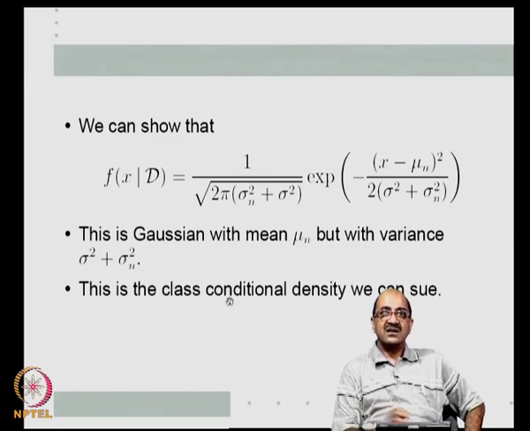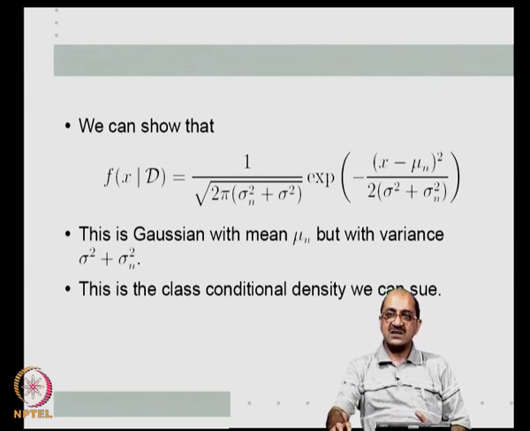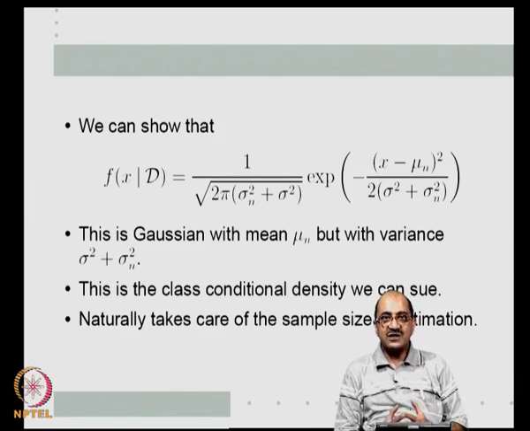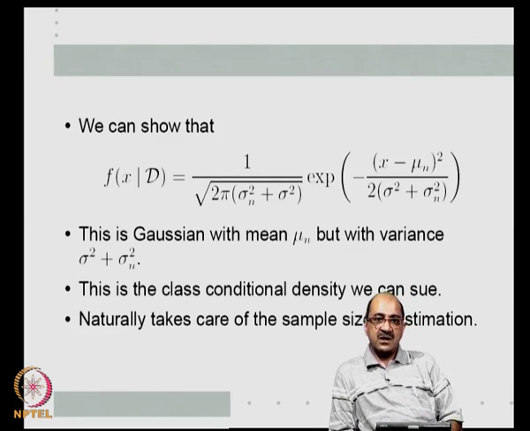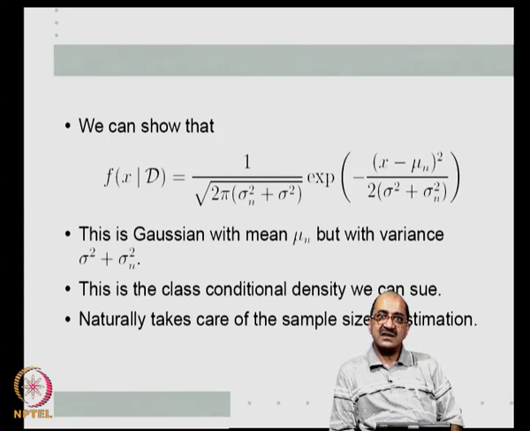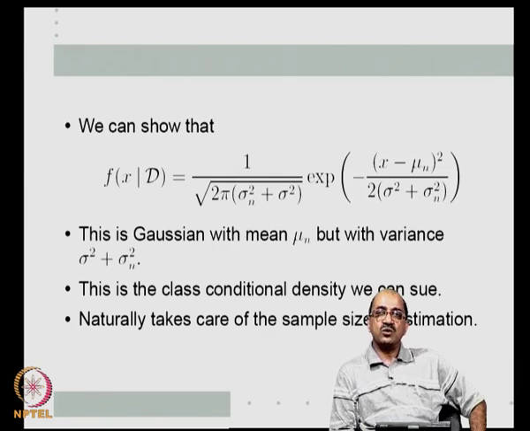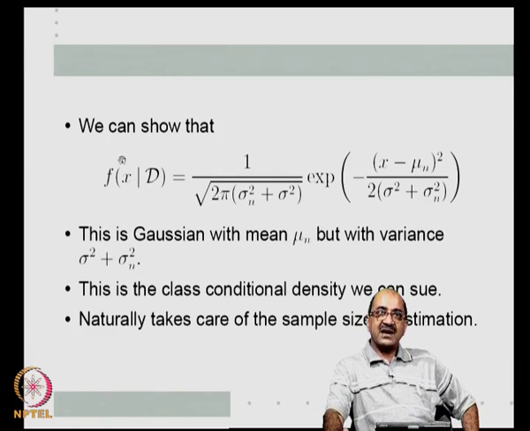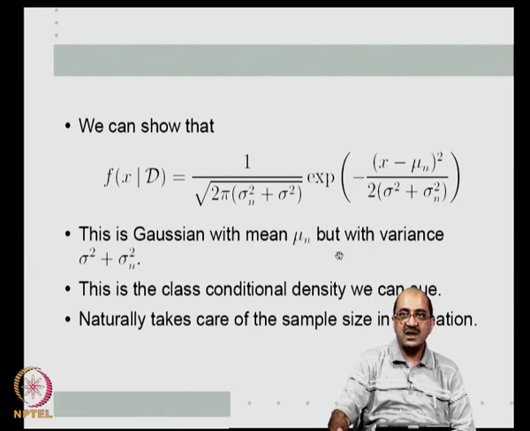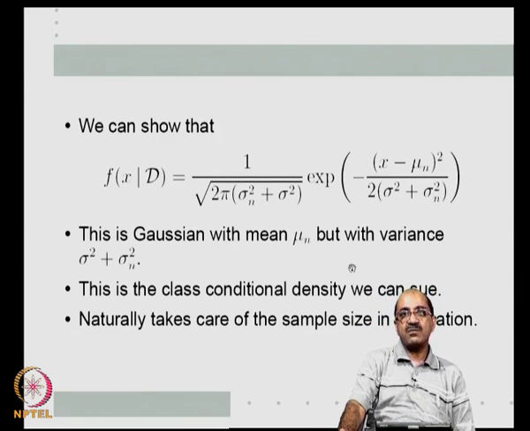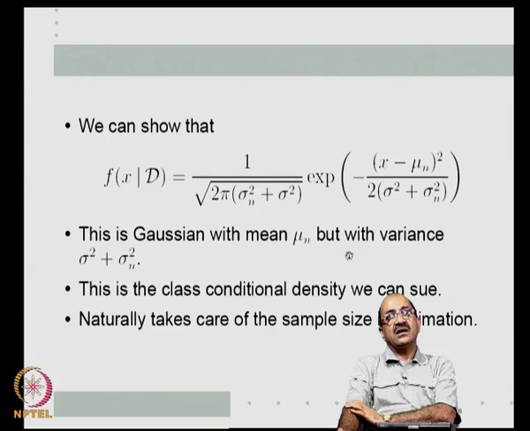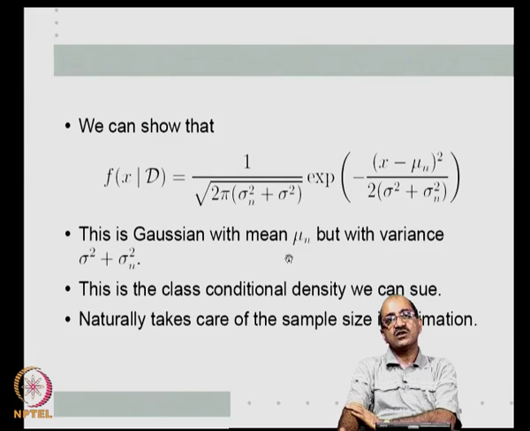So, if I use this class conditional density, we naturally take care of the sample size problem. If you remember, at the end of ML, we said the main problem with ML is that while it is consistent, at small sample sizes our estimate may not be too good. Now, by calculating f x given D, we realize that when I take mu n as my estimate, I do not simply plug mu n into the density model we assumed, which is Gaussian with mean mu and known variance sigma square.